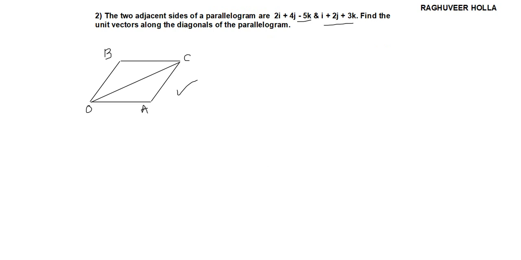Now we know that here it goes in this direction, OA and AC. If we consider this as A and this as B, and again we have another direction, so this I consider as B and this as A. Okay, so let us consider that.